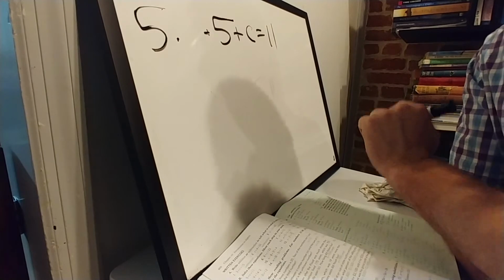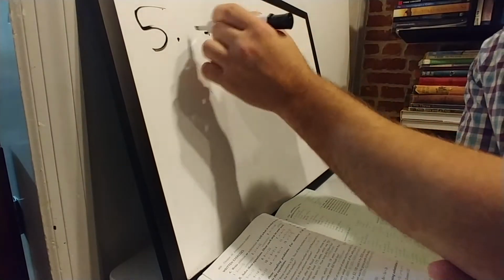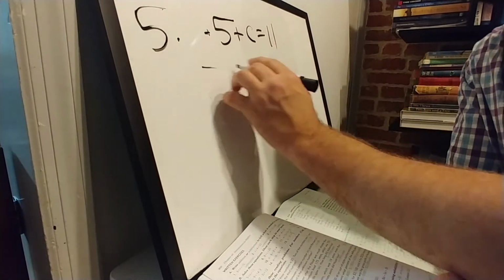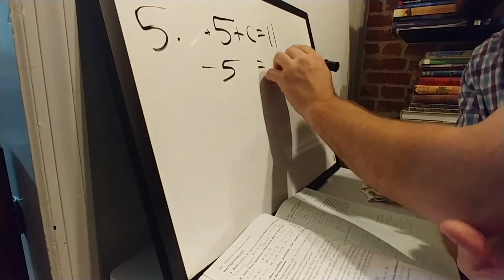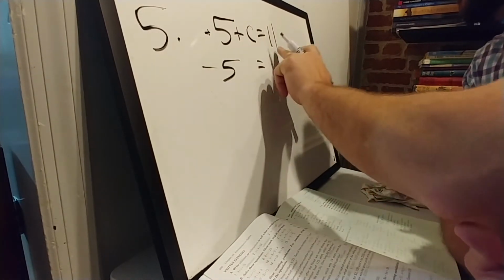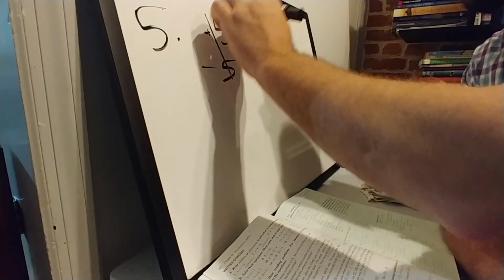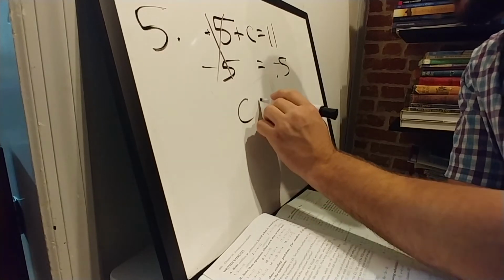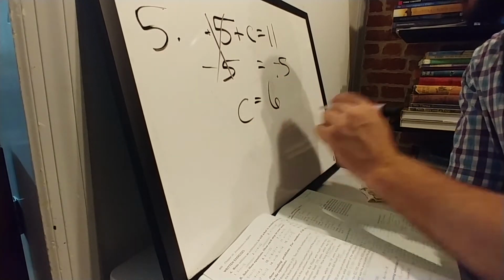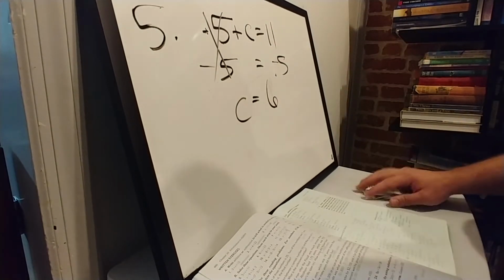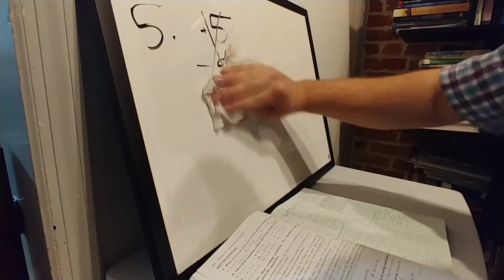If it was negative, it would have a negative sign. So in order to get rid of a positive 5, we need to subtract 5 from 11, and subtract 5. These cancel. C equals 6. Does it make sense that 5 plus 6 is 11? Yes, it does.